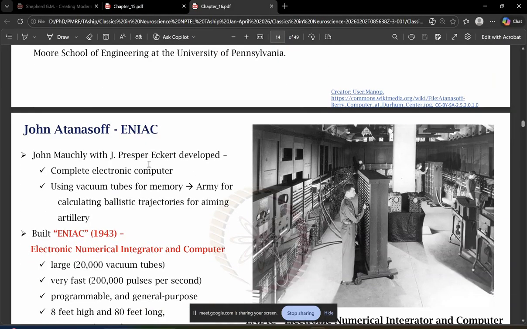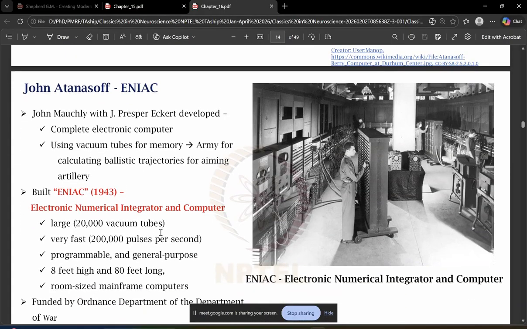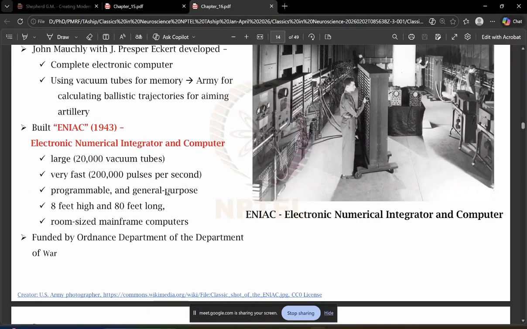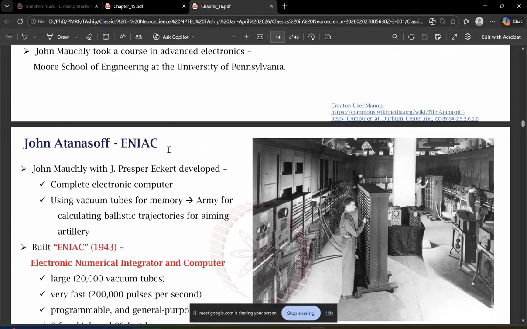And then, together with Presper Eckert, he developed a computer that used vacuum tubes for memory, and it was completely electronic in nature. They called this the Electronic Numerical Integrator and Computer. For this they received funding from the Ordnance Department of the Department of War of the United States.